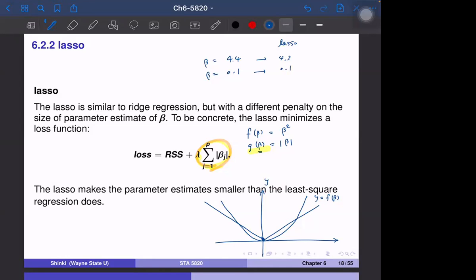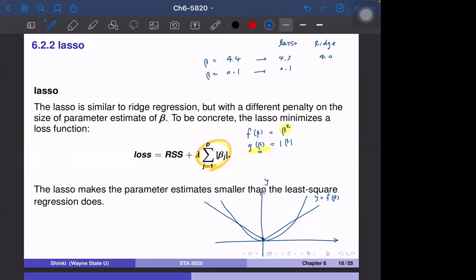That is the typical case. Ridge regression puts a squared penalty on the size of beta. So if beta is 4.4, that may make it 4.0, because 4.4 squared is much larger than 4.0 squared. So the ridge regression has more motivation to make beta smaller when beta is large.